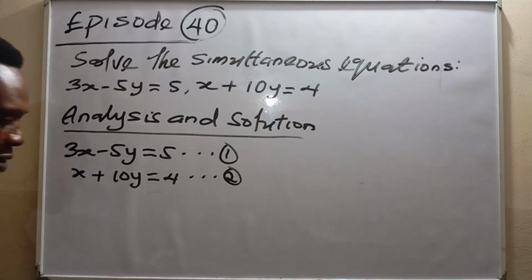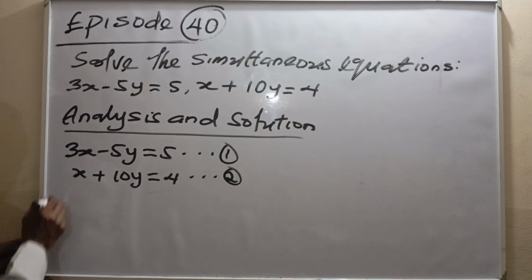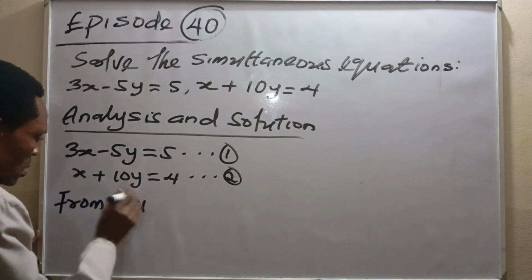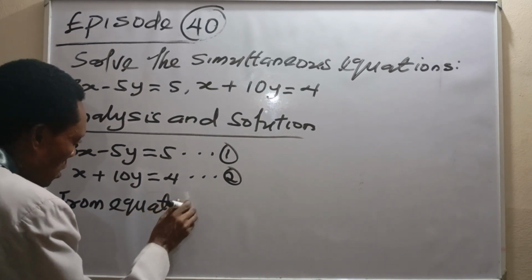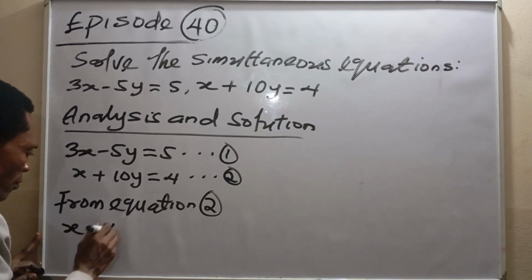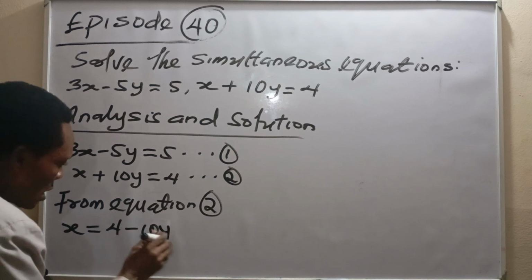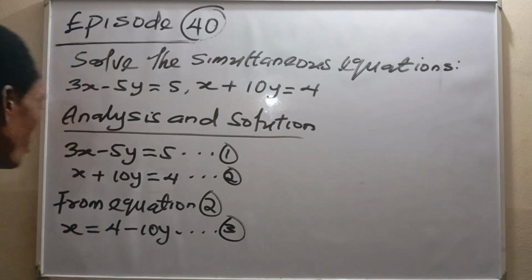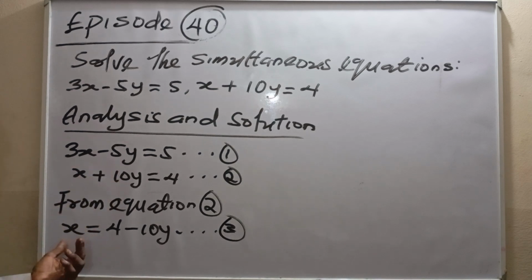So without waste of time, we can now say from equation 2, I want to make x the subject. So x equals 4 minus 10y.